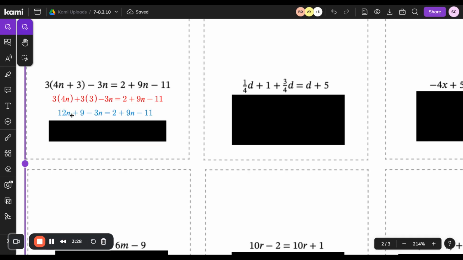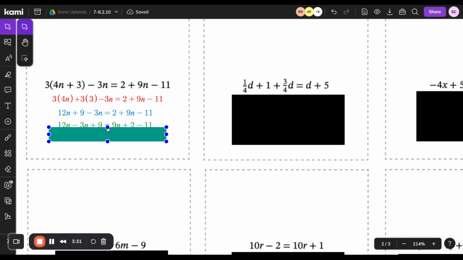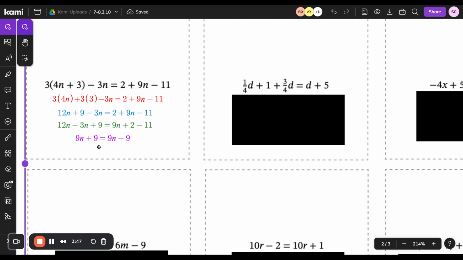And from here, simplifying 12n minus 3n, and now we have the 9n and then the 2 minus 11. So we're just rewriting so that we have our similar terms together. And then for our last part here, we have 9n plus 9, because 12n minus 3n gave us 9n, plus 9, and 9n minus 9.